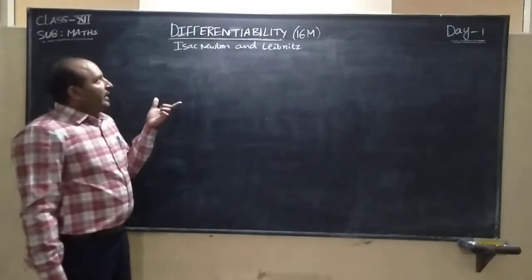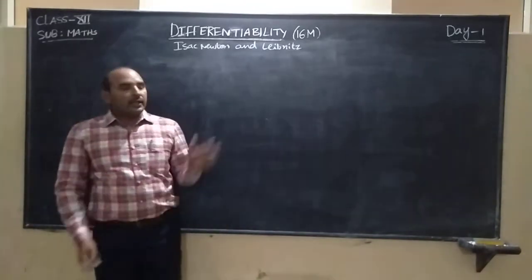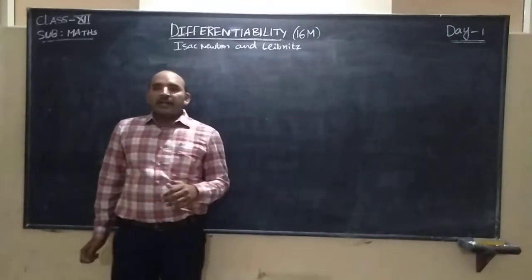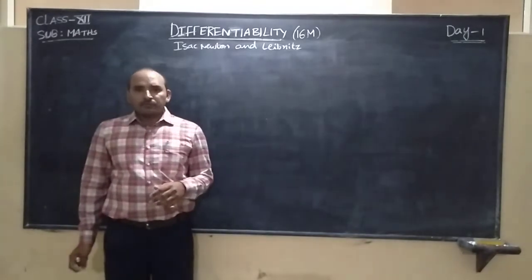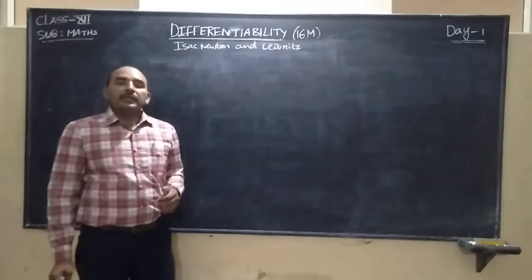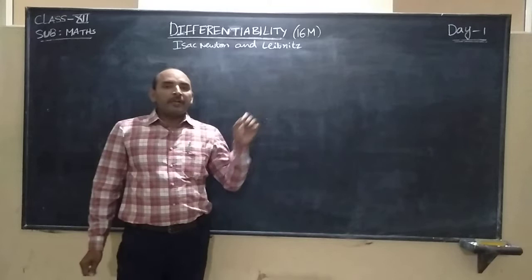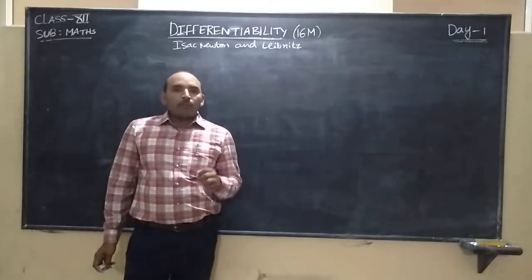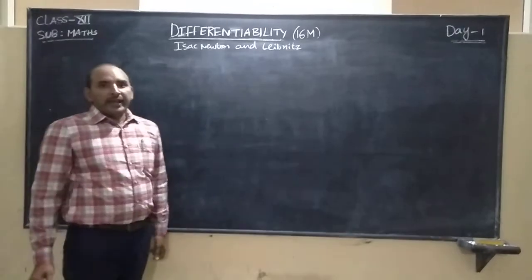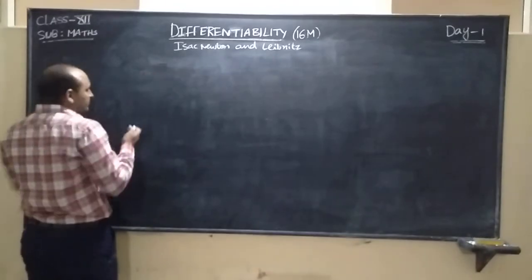In the concept of continuity for class 12, you learned left limit, right limit, limit of a function, and continuity of a function. Now in this class we will learn differentiability or differentiation at a particular point of the function.